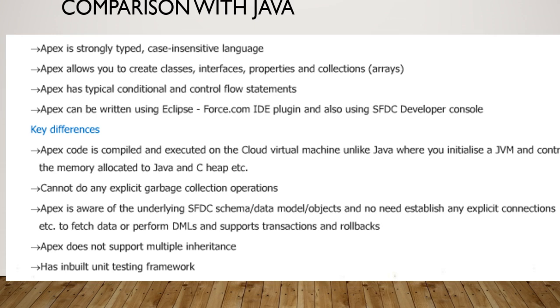Apex does not support multiple inheritance, one major difference compared to Java, in case you get a question. One of the biggest advantages is that it has an inbuilt testing framework, so you don't need a separate JUnit. You can just annotate a class with @isTest and it will become a test class.